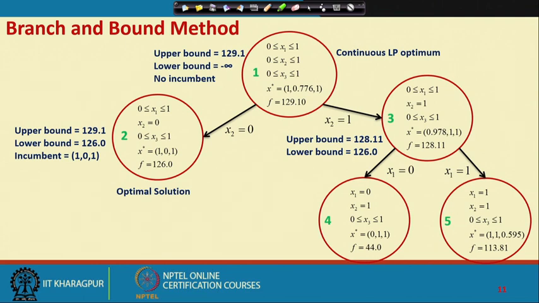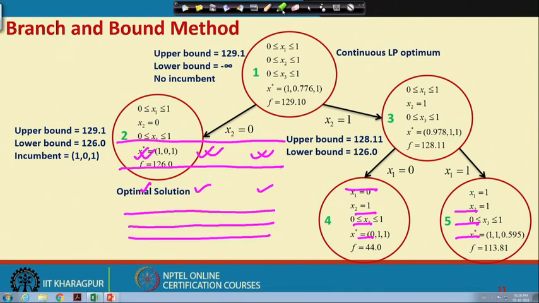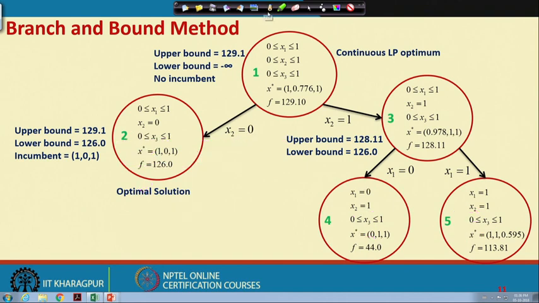So, node 4, no more branching required. Node 5, the optimal solution contains two integer values and one continuous value, and its objective function value is 113.81.